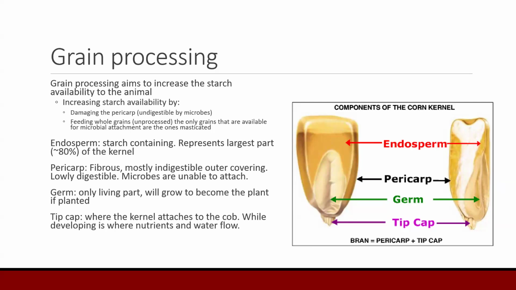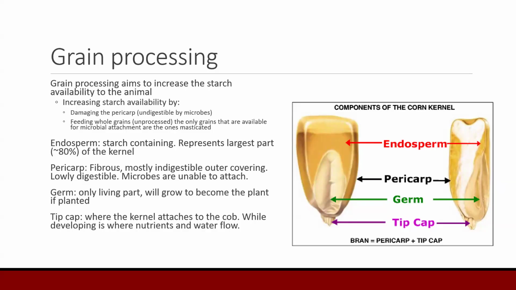If we were to plant this seed, the germ is where that plant would sprout from. That germ starts to sprout and draws energy from that endosperm to produce the plant until it gets enough leaf matter above ground to start photosynthesizing.